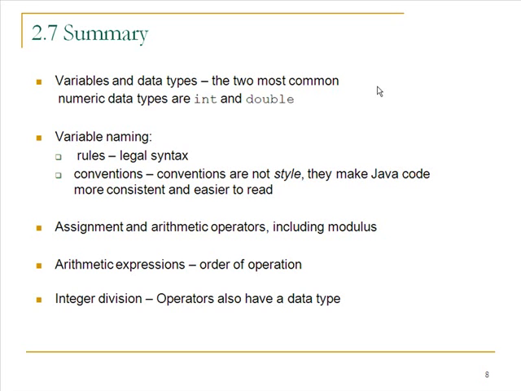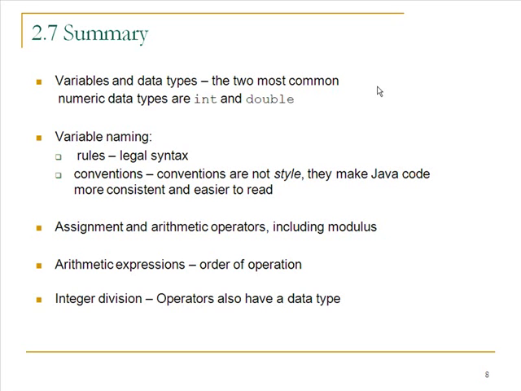We also in this segment looked at the rules for naming variables, the legal syntax for naming variables in Java, and the conventions. So we looked at using the underscore character and the $, which are legal in variable names, and then by convention we immediately don't use them. You'll understand more why that's true as we go along.